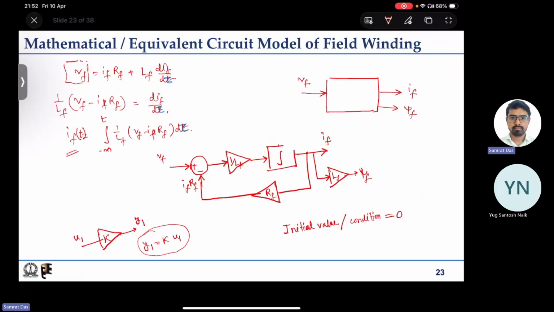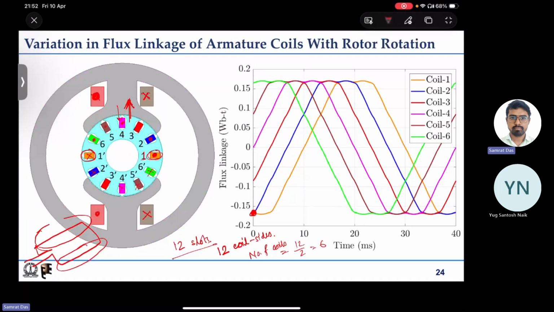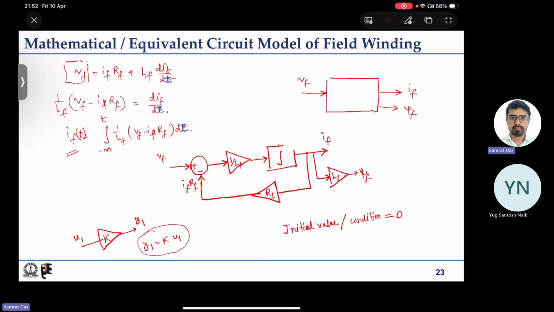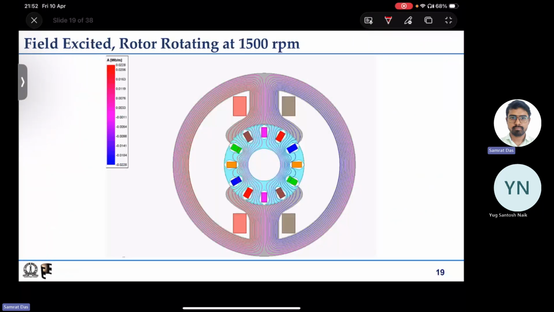I think I have forgotten to put that animation, but it is the same animation as this one. As the rotor rotates, we look at the flux linkages first, and then the induced EMFs of these different coils.